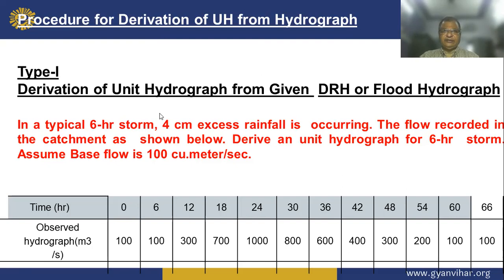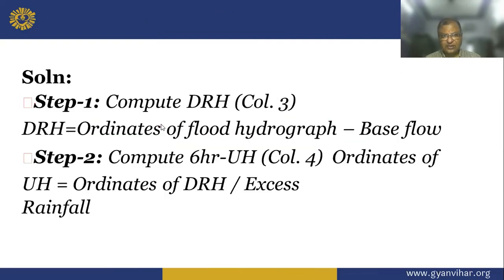Procedure for the derivation of the unit hydrograph from a flood hydrograph. So this is type 1, and what is the procedure? Hourly measurements are taken of the observed hydrograph. Step 1: compute the DRH, and step 2: compute the 6-hour unit hydrograph.